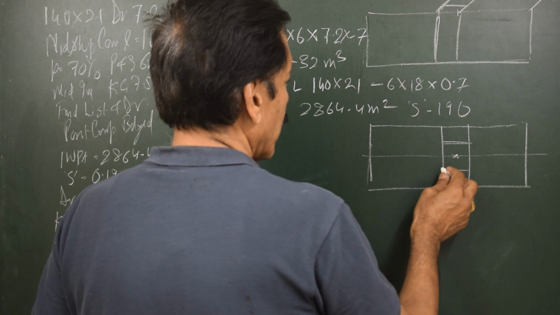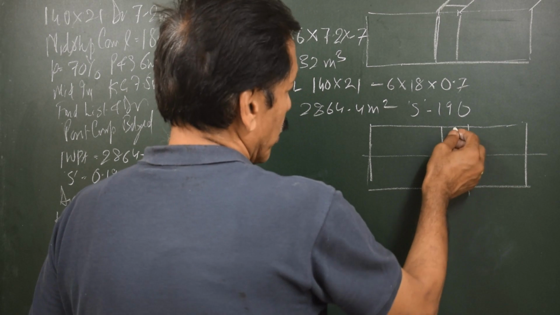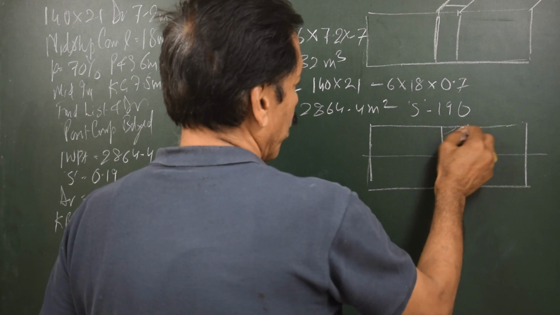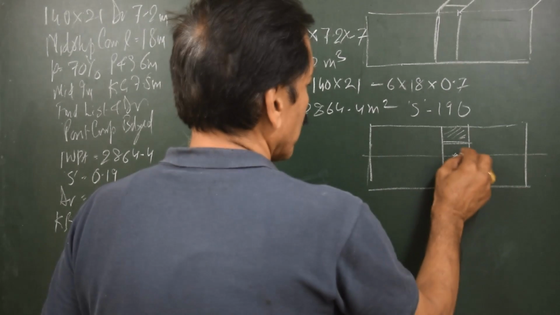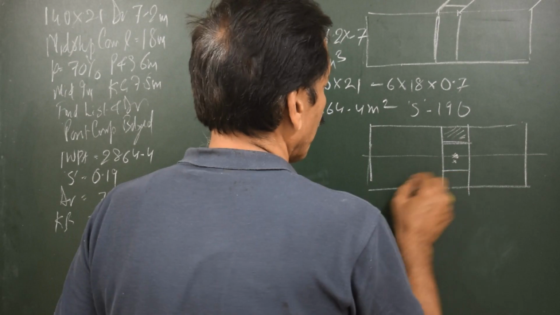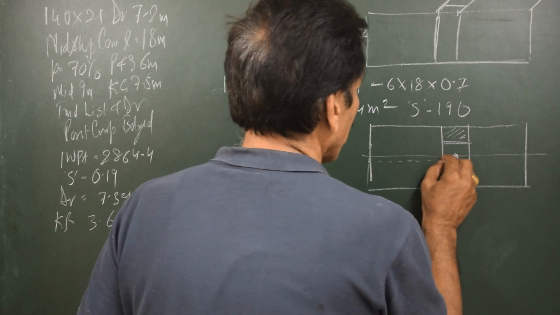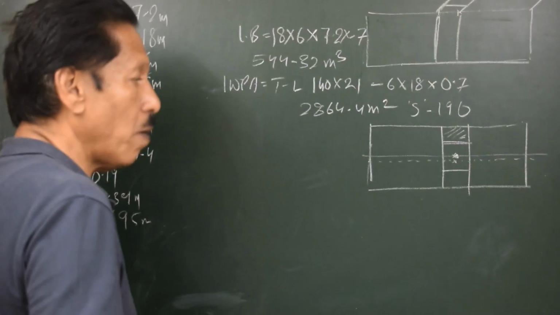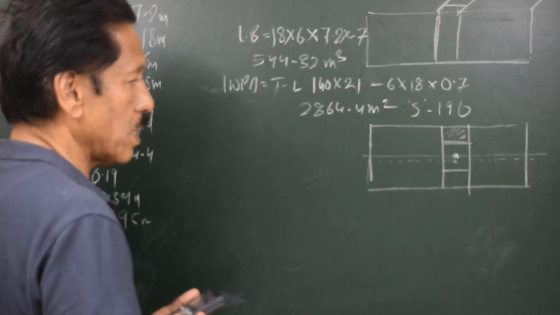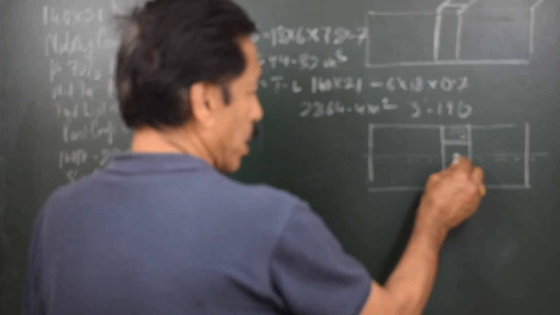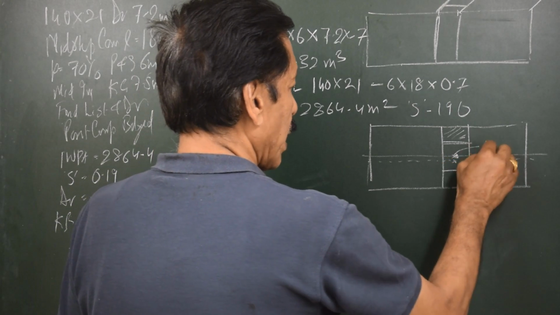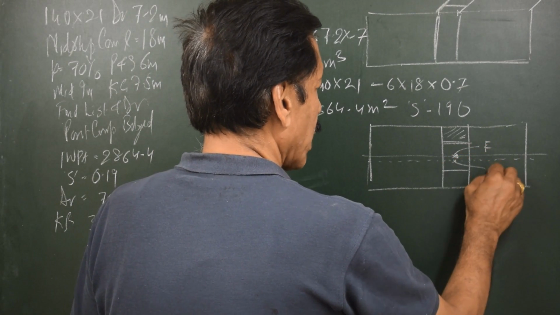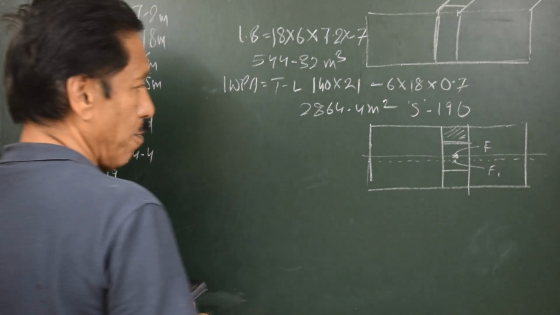If this is the port side and the port side gets damaged, the center of flotation would shift away from the damage, and this becomes the new line about which the ship will roll, or get listed. So if this is F, this point is F1. So we need to find out FF1.